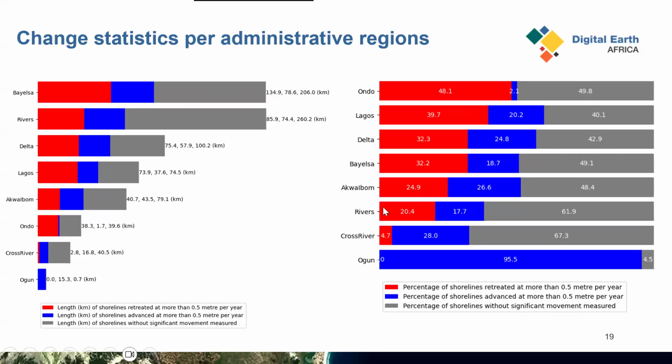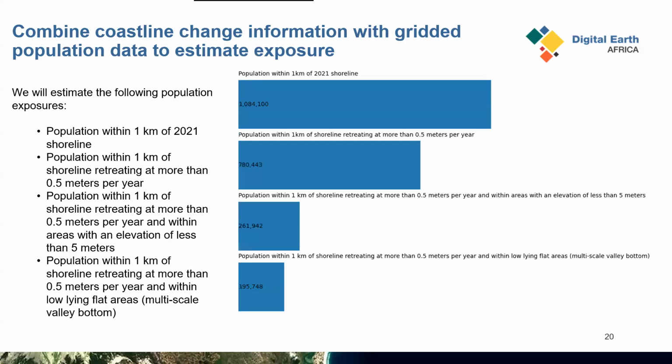The same way, we can compare any percentages that inform decision makers, and when they see these statistics, they say this state or this region requires more intervention than others, and it helps to set priorities. And also, we can combine this coastline change with the grid population data to estimate the exposure.